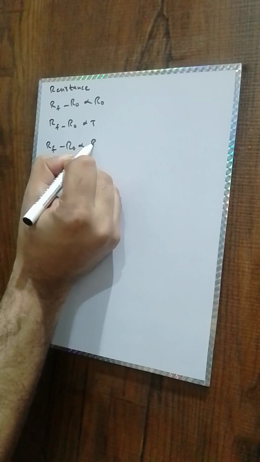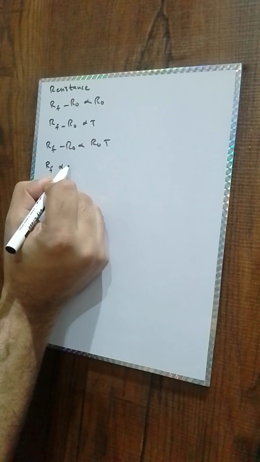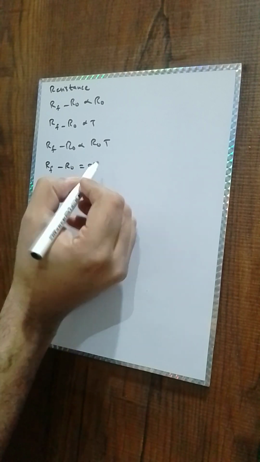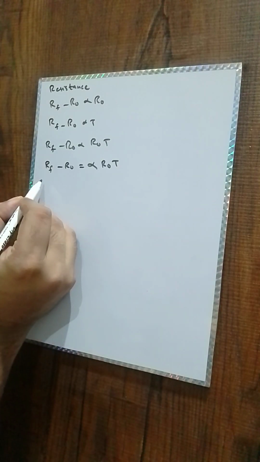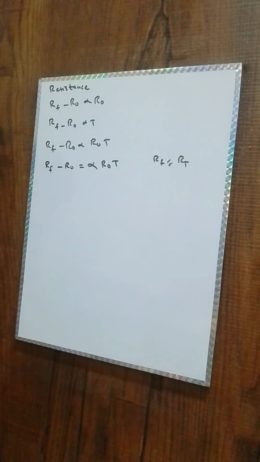Combining the two, R minus R naught is proportional to R naught T. RF minus R naught is equal to, now putting the constant of proportionality alpha R naught T. So RF or RT can be used interchangeably because resistance at a certain temperature relative to the standard one is the final in this case.